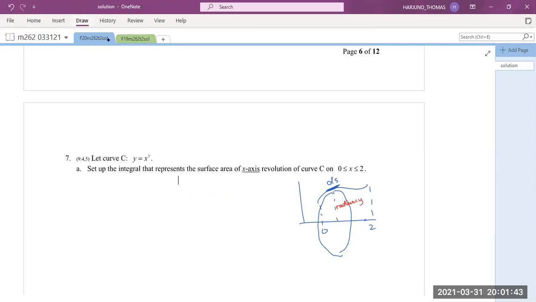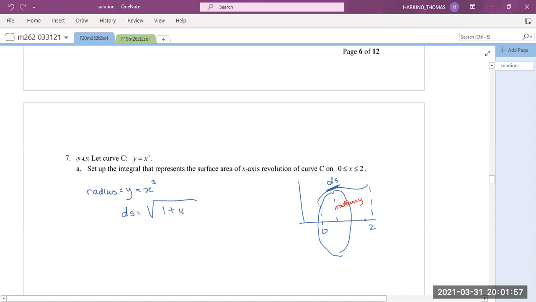Let me slow down. So we know the radius is y, which is x cubed. Now how about the ds? The ds is square root of 1 plus y prime squared, where y prime is 3x squared. I'm sorry, this is with dx. So ds will be square root of 1 plus 3x squared being squared dx.